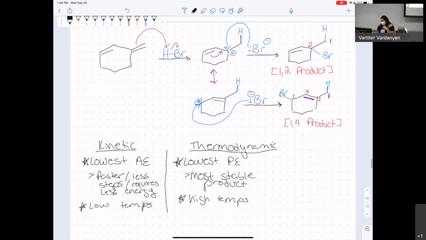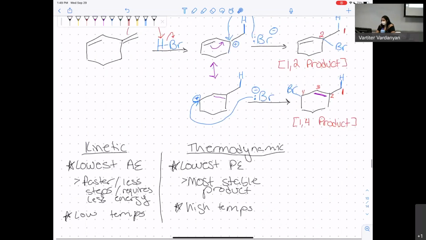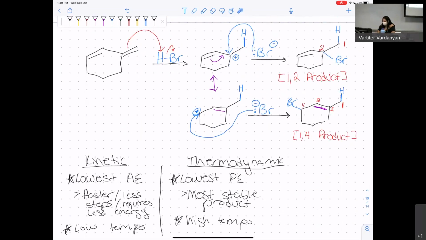So let's start with lowest activation energy. How in the world could you tell lowest activation energy just from this reaction? Why? Yes, okay, so the 1,2 product is going to be the kinetic product because one, it happens in the shortest number of steps, and two, it has the more stable carbocation.